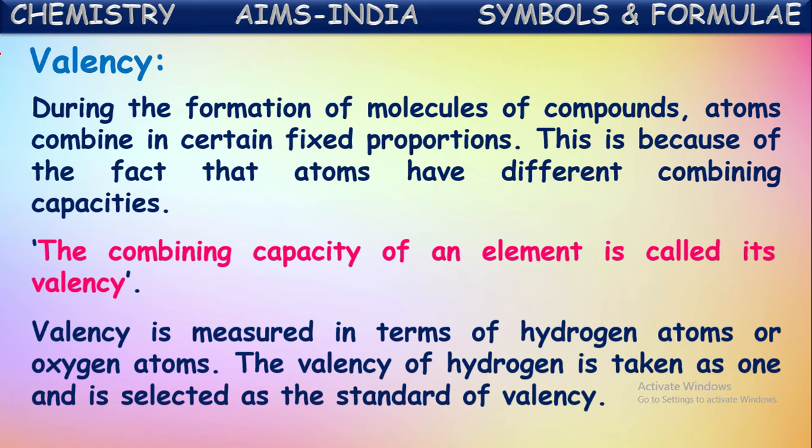By taking the valency of hydrogen as a standard, the valencies of the remaining elements are measured. While calculating in terms of hydrogen, the valency of hydrogen, 1, is taken as the standard, and the valencies of the remaining elements are measured based upon this standard value.